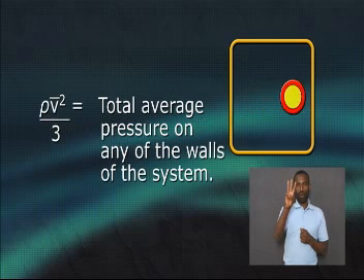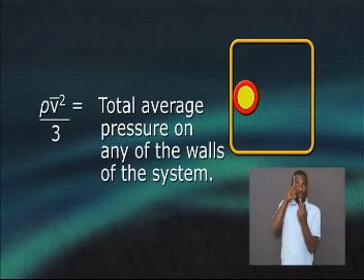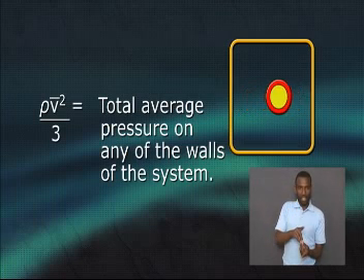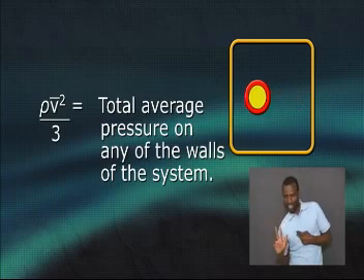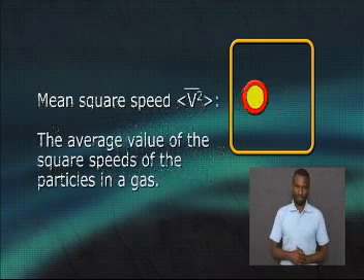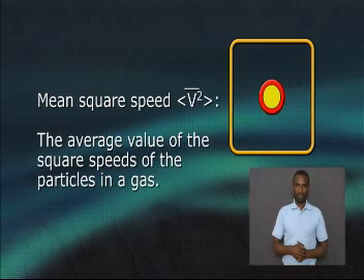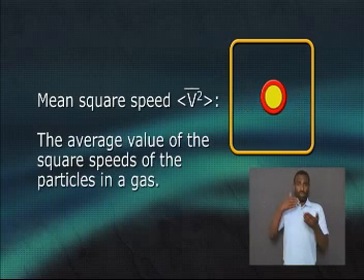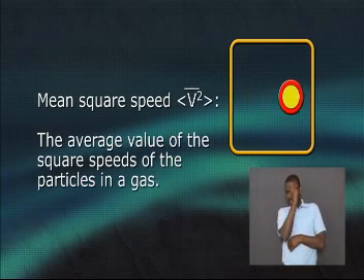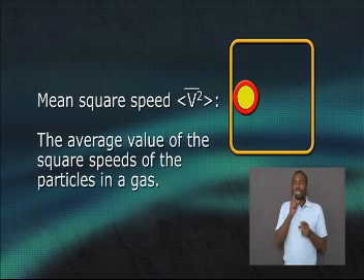Thus, the total average pressure is density rho times velocity squared over 3. Since there will be a very large number of particles in almost any system, we must establish the range of speeds for each particle.